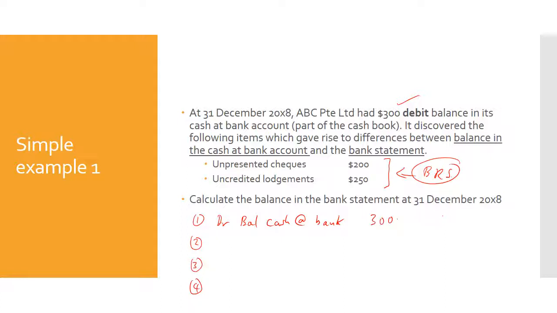Now the next step. So we have unpresented check. So the unpresented check has to be added, and that gives you how much is that? 200. And then 3 is that we need the minus of uncredited lodgements.